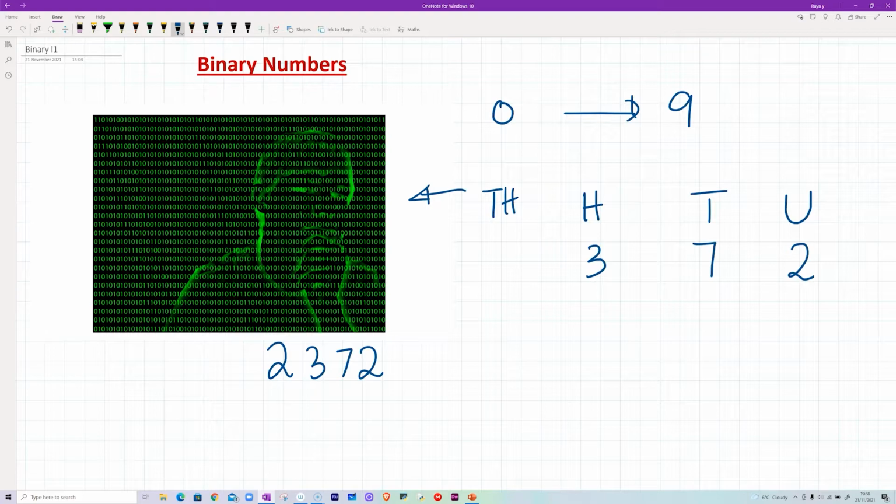And how many thousands do we have? 2. So really, this is like having 2,000 here, and we have 300 here, we have 70 here, and we have 2 units here. So what it is, we count in base 10. Our numbers are called base 10 numbers because we count in tens.